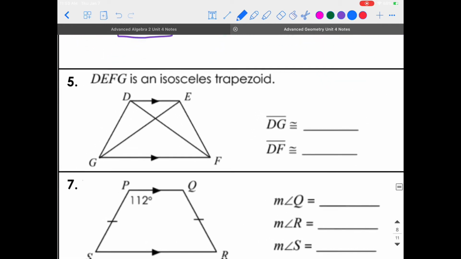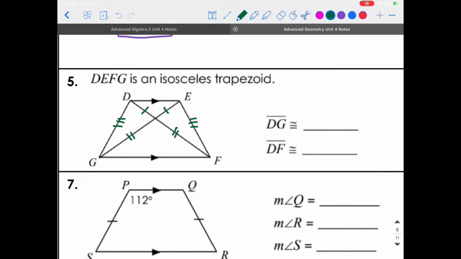Now we're getting into some isosceles trapezoids. So remember with diagonals, which two parts of the diagonals I said were the same, and then these sides are the same. So DG would be congruent. This is not asking for a specific length.